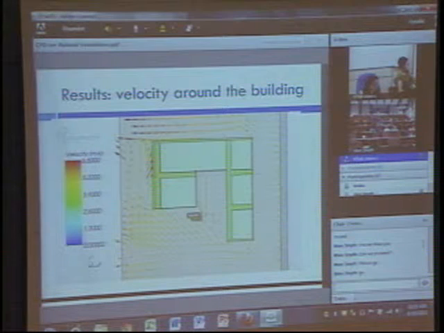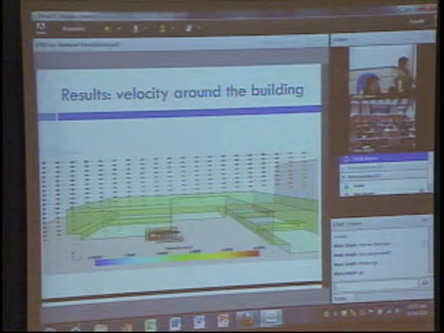Which results will we get? First, velocities. Velocities of wind. Consider the main direction of the wind and the possibilities of the other buildings. Also in the vertical plane, because it's three-dimensional modeling.